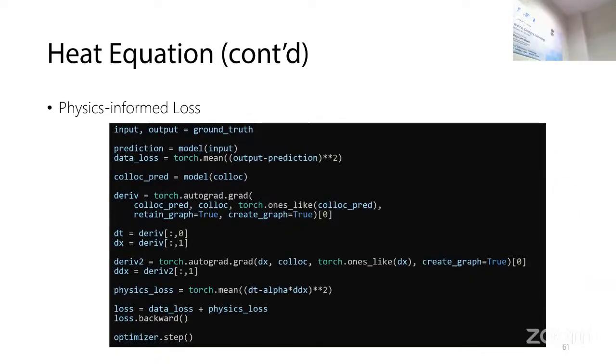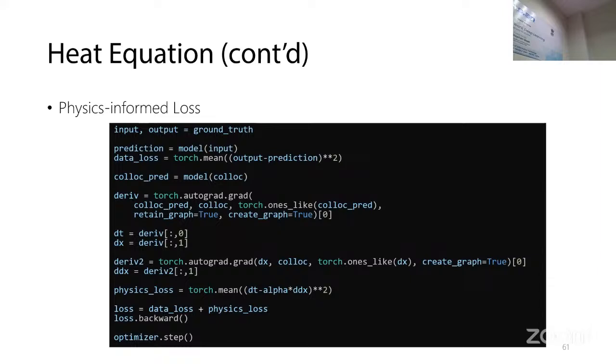Now, in terms of the physics-informed loss, this is something that we learned last time, torch.autograd.grad. In this way, you can take the derivative of any arbitrary, sophisticated function, as long as you have a computational graph available. So we have two parts. The first part is where we define the data loss.